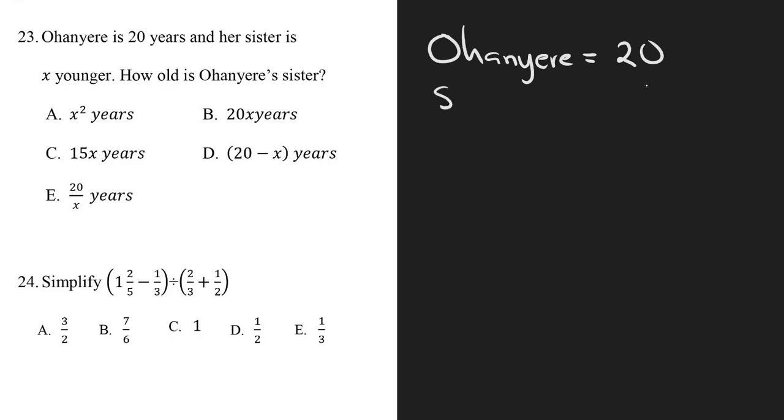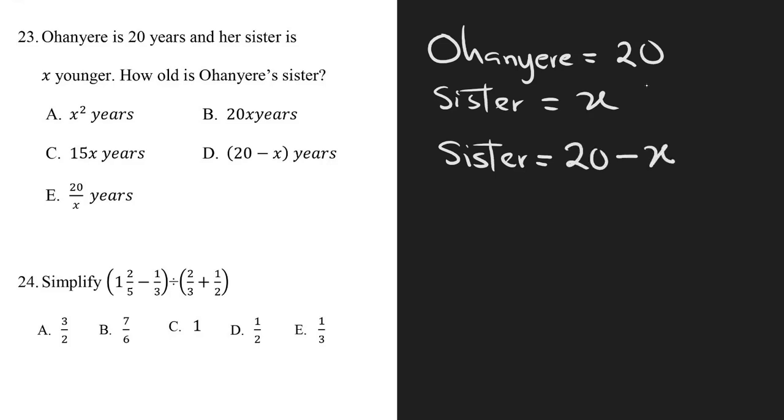And her sister is X years younger. So the sister's age will simply be Ohaniere's age minus X. Yeah, so the answer is 20 minus X years. Are we there? So let's check the options. So from the options now, the answer is, can you see it? So let's move to the next question.